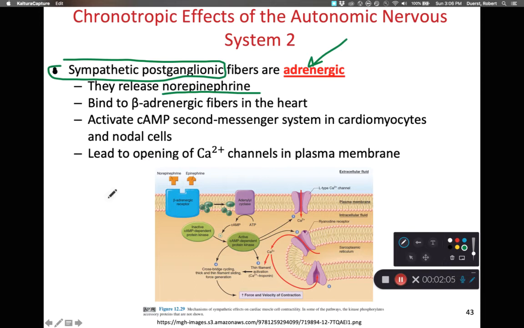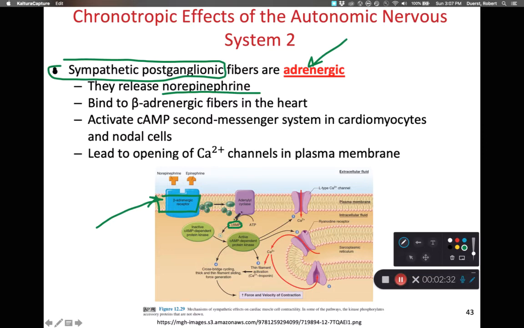That norepinephrine, once it's released, is going to bind to the beta adrenergic receptors on the heart. Those beta adrenergic receptors on the heart, once they're bound to, are part of a G-coupled protein cascade, and when activated, they will cause there to be a lot of cyclic AMP building up on the inside of the cell.